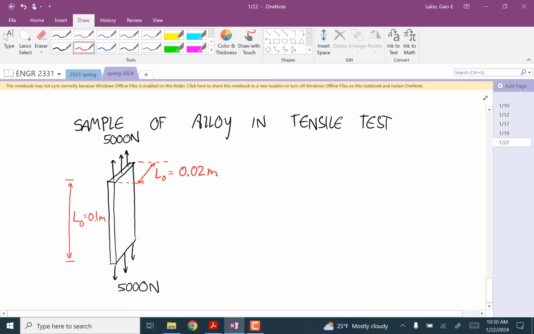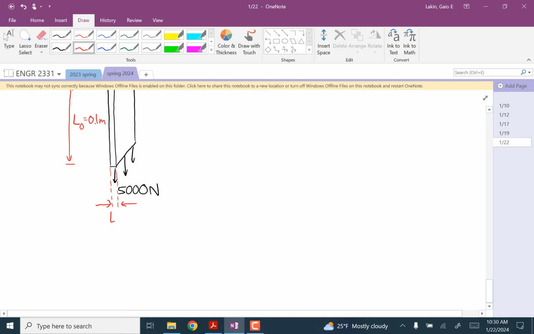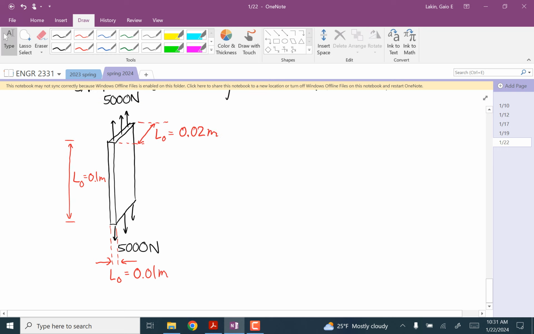And the thickness before the deformation is 1 centimeter.